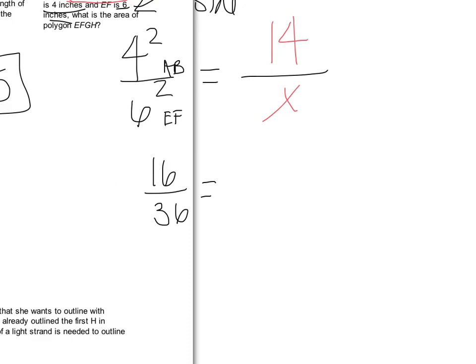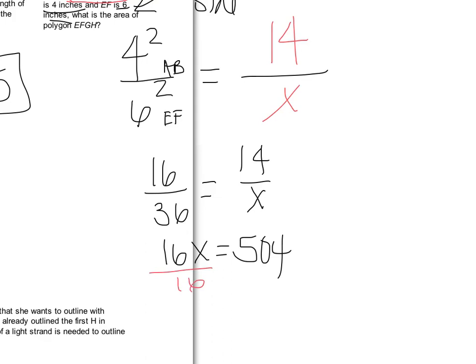So 16 over 36 equals 14 over X. I cross multiply and divide. I get 16X equals 504. And then I'm going to divide both sides by 16. And I get that X equals 31.5. So that would be my area of polygon EFGH.